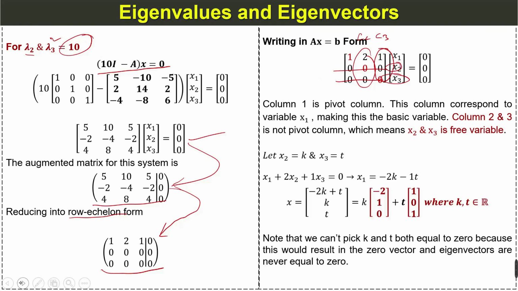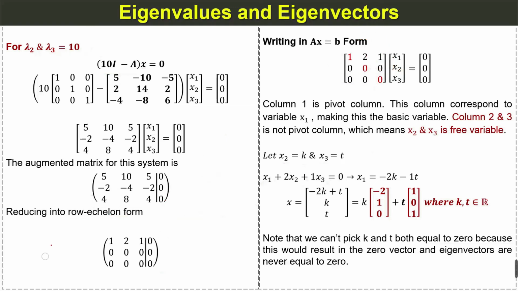Again, we let x2 equal k and x3 equal t. After simplification, we multiply this row with this one, and we get x1 equal to this. Then we write it in vector form, and we take k common from this one, and then t, because we have two constants. Here k and t belong to the real numbers.